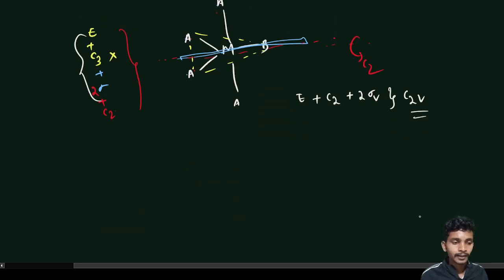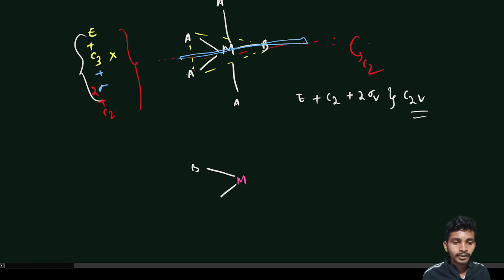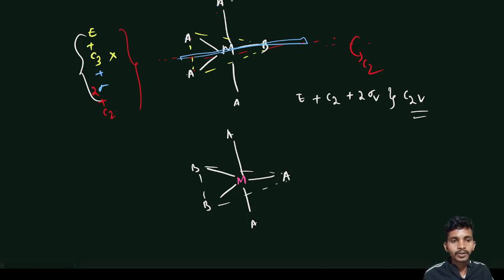Similarly, can you replace two atoms? Let's say I want to replace two atoms. So let's say here I put B, here I put B, and here A, and here A. So what is the point group in this case?